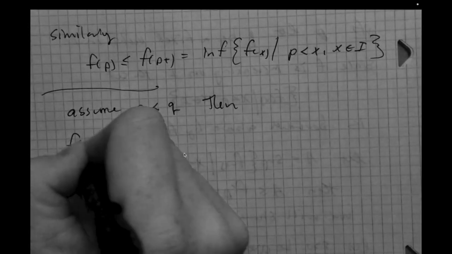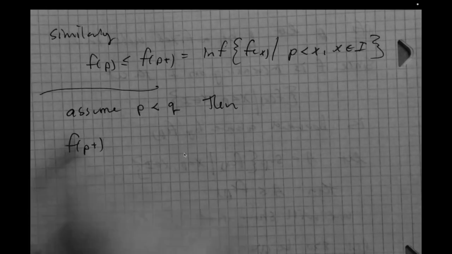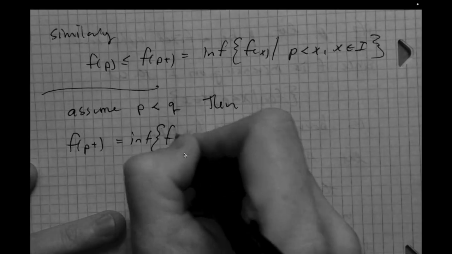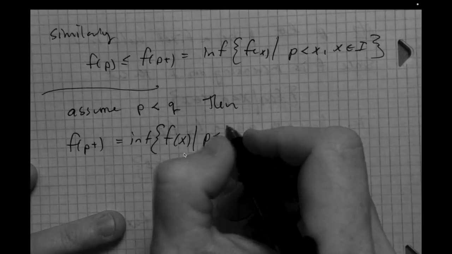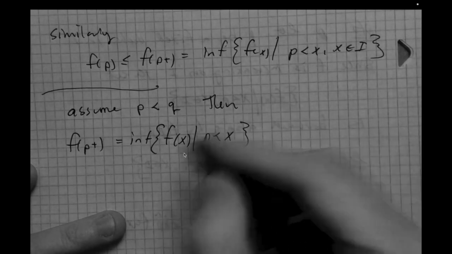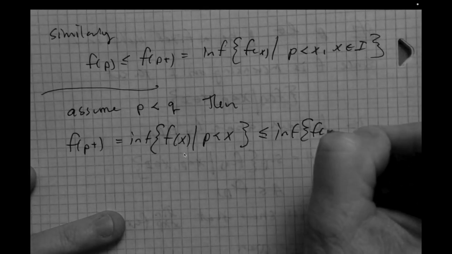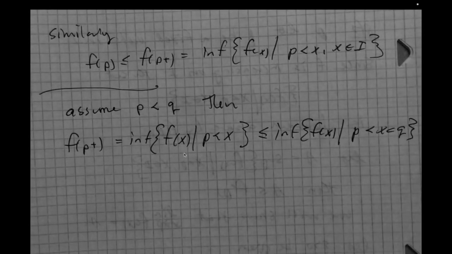Well, f of p plus, the limit of f as we approach p from the right, is equal to the infimum of the values f of x such that p is less than x, right? Which would be less than or equal to the infimum of f of x such that p is less than x less than q, right? So this is just constraining that a little further, right?